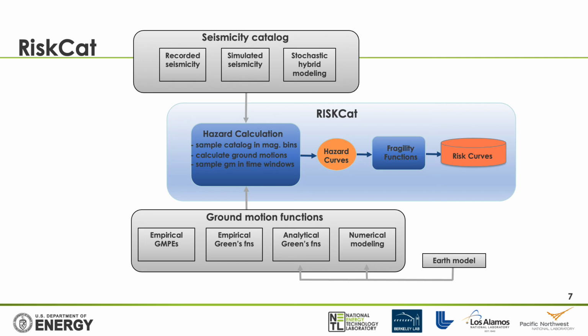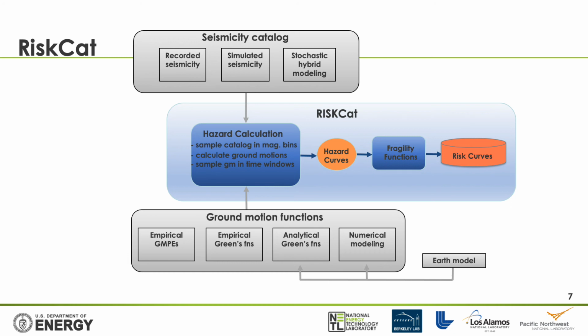Then you combine the hazard with fragility. What fragility means basically is the likelihood of observing damage given a certain ground motion. This is easy to visualize in the case of a building. Buildings are built to a certain structural code, and given certain ground motions, we can predict what fraction of buildings might experience minimal damage or severe damage and so forth.